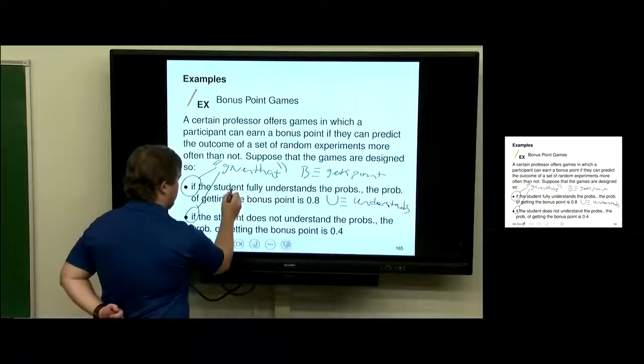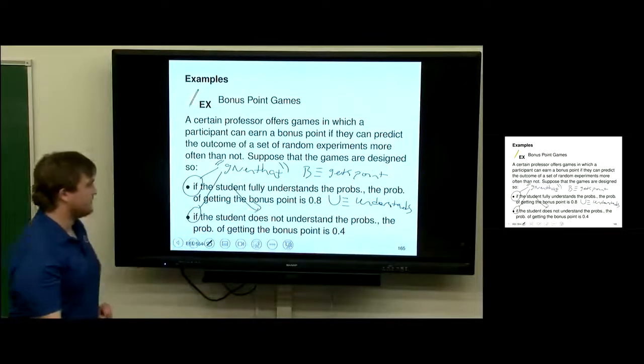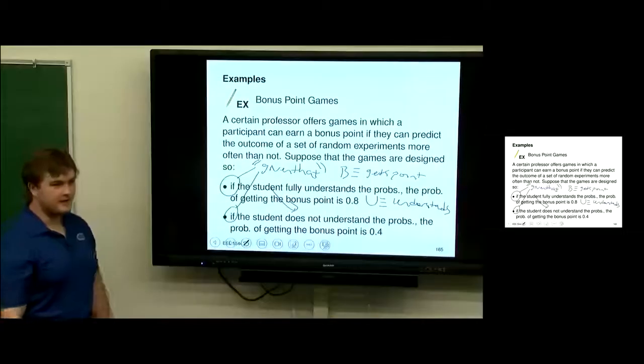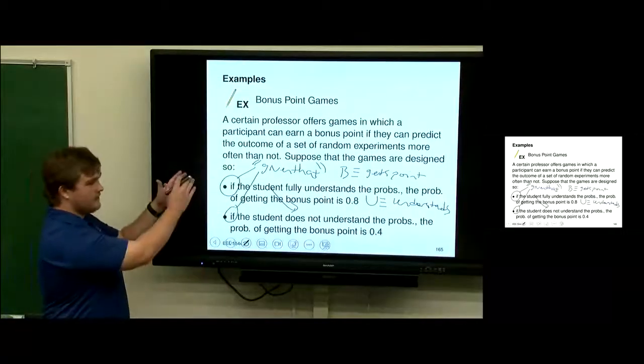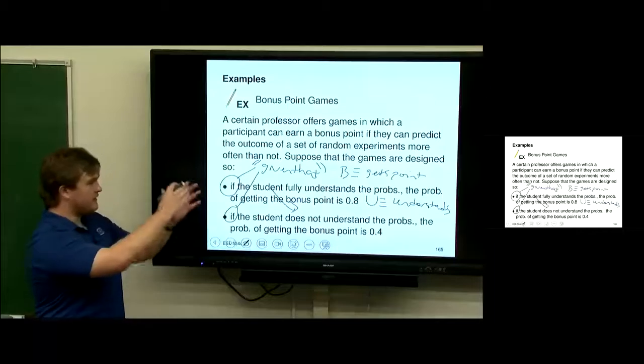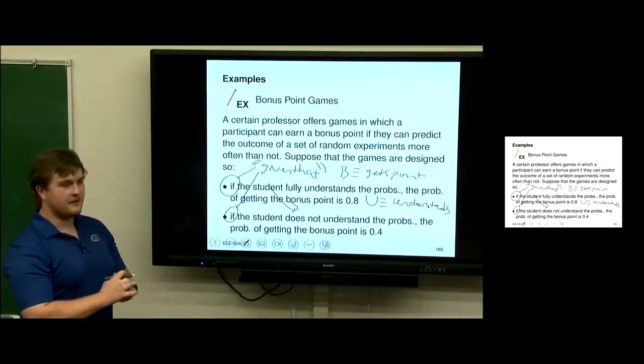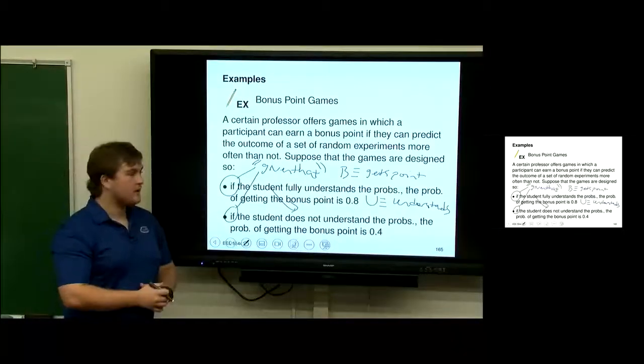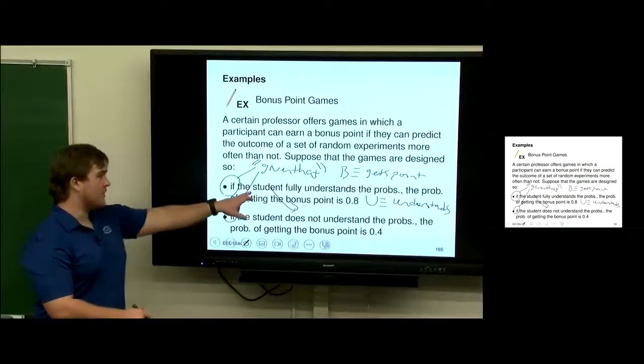So what conditional probability is this telling us, this first one? Based on those events, we go from the mathematical description of the problem, and now we have to decode it and put it into something that we can work with, turn the crank on. So what is this conditional probability here?